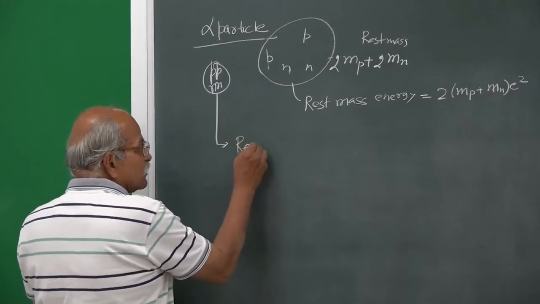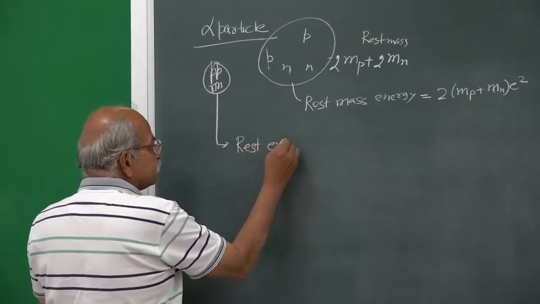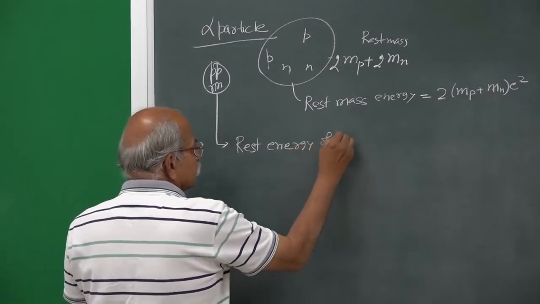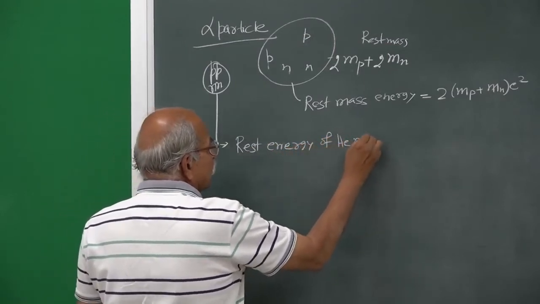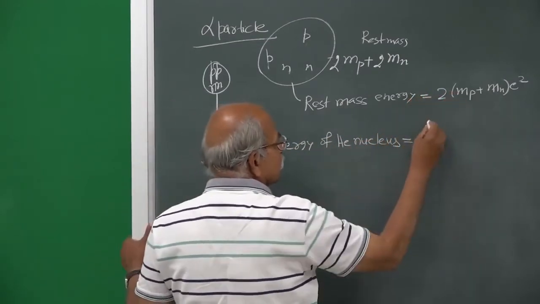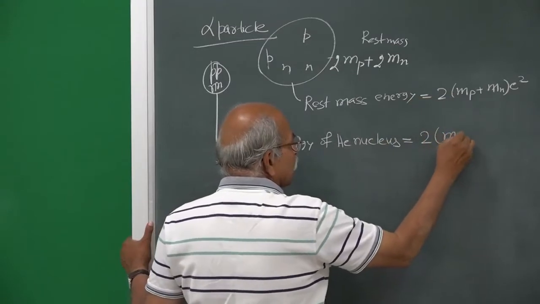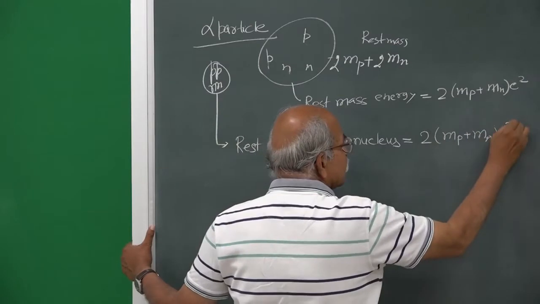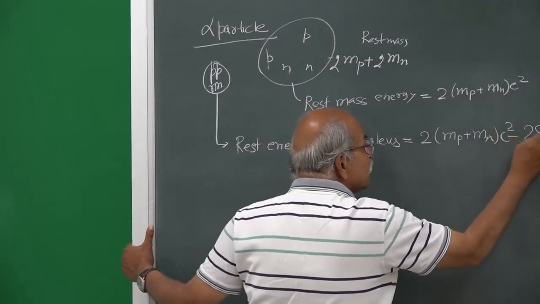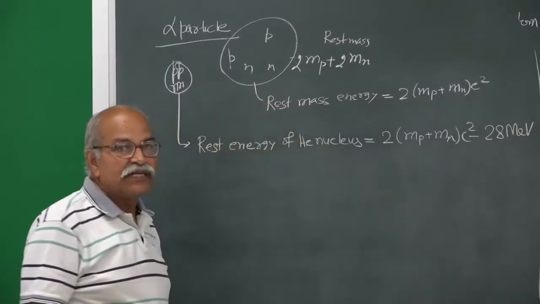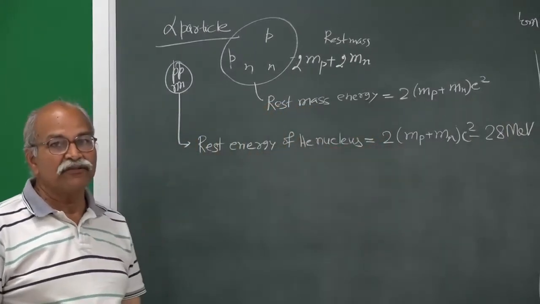The rest mass energy of the helium nucleus, or alpha particle, is this quantity, (2mp + 2mn)c², minus about 28 mega electron volts, 28 point something MeV.